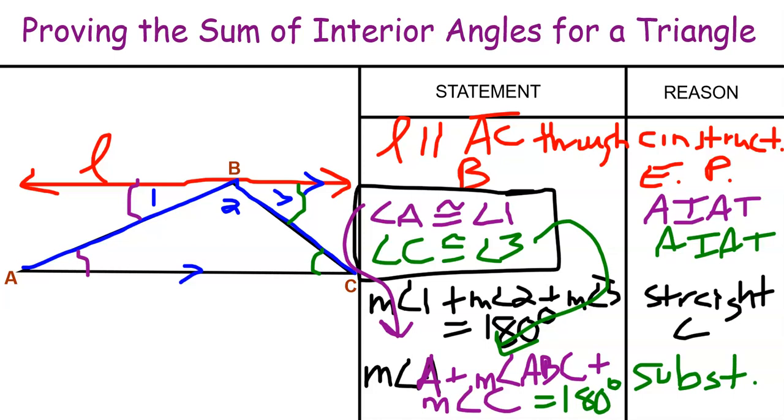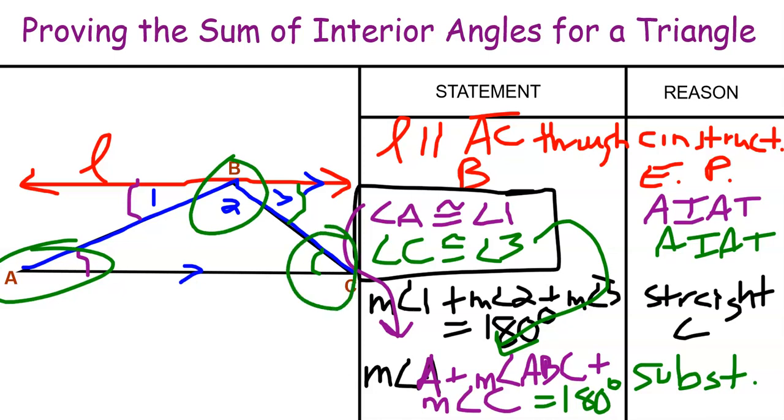So just by putting a line through B that's parallel to AC, recognizing where there are alternate interior angles that are congruent, and then noticing that angle 1 plus angle 2 plus angle 3 makes up that straight angle for the line L, we've just shown that the measure of angle A plus the original measure of angle B, angle ABC, plus the measure of angle C is 180.